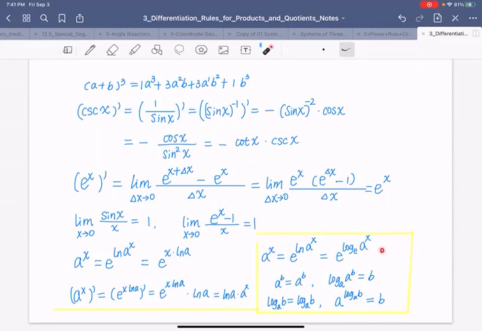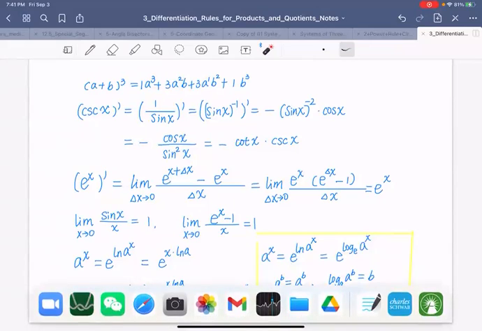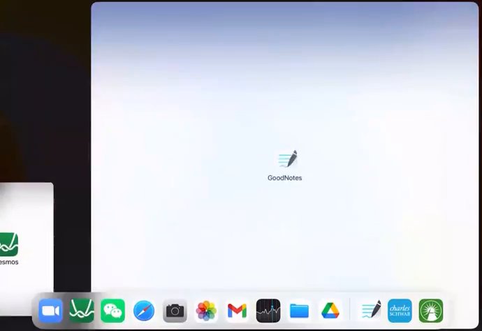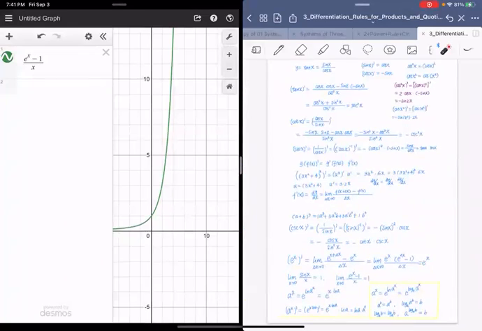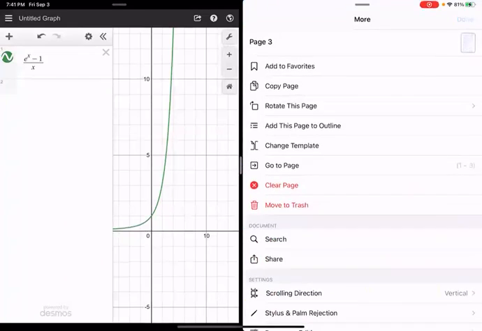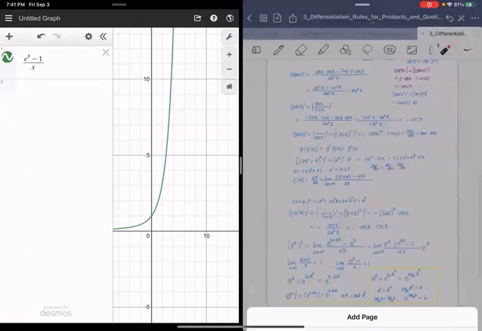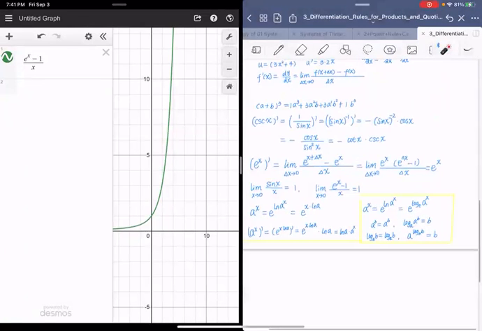Could you just re-explain the a to the power of x? A to the power of x, right? Okay, let's see here. For example, if I say 2 to the power of x, okay? 2 to the power of x.